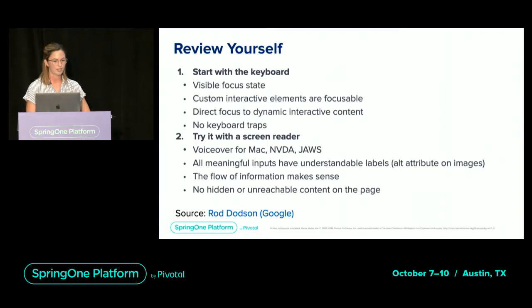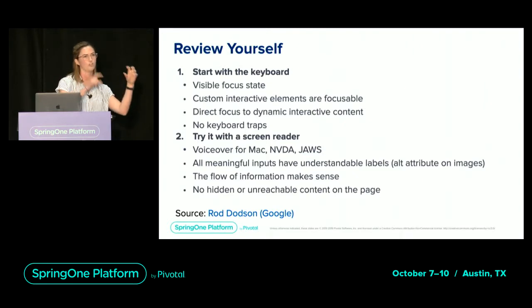You need to direct focus to dynamic interactive content. The best example I think of is if a notification shows up on the page, you want the focus to go to that so that people will know that the notification has shown up. You also need to make sure there are no keyboard traps. Keyboard traps will oftentimes trap you in a loop where you can't get out of it.